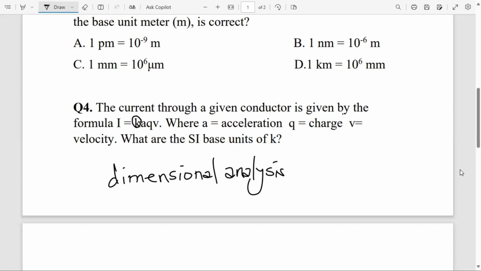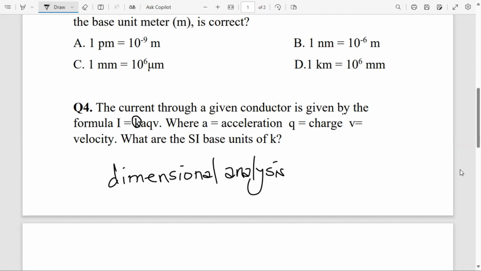Okay, so we're going to go to our blank board here and bring down our equation, which is saying I is equal to K, A, Q, V, like that.